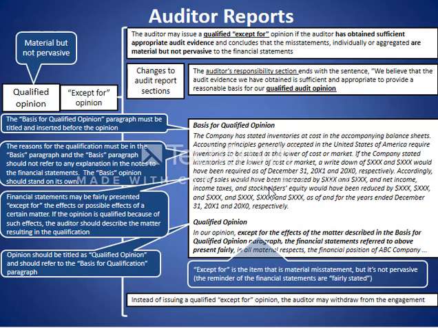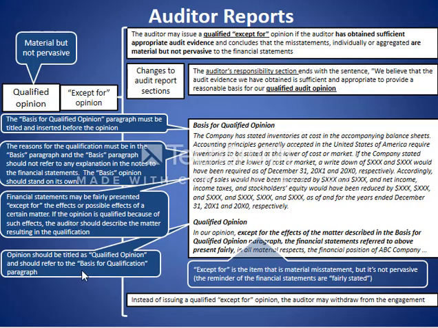Accordingly, cost of sales would have been increased by a certain amount for both years, and the net income, income tax, and stockholders' equity would have been reduced by certain amounts in those years. So that would basically be the basis for the qualified opinion. And again, that's before we actually issue the opinion.